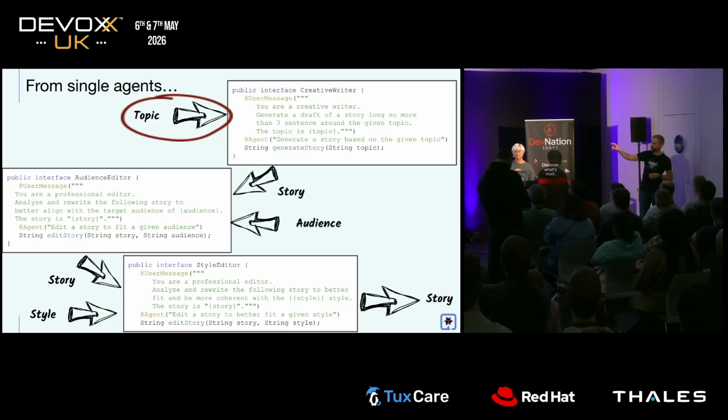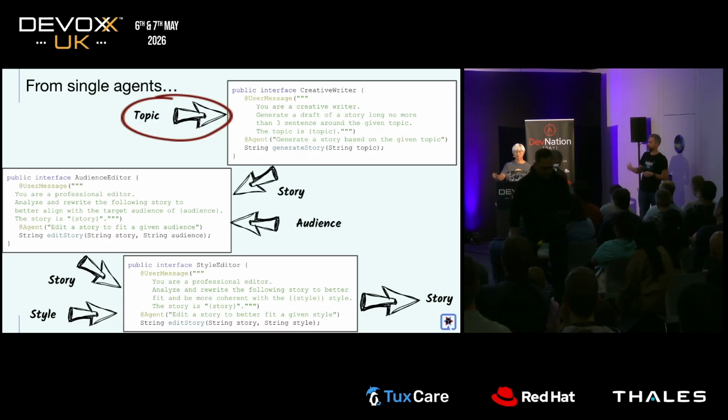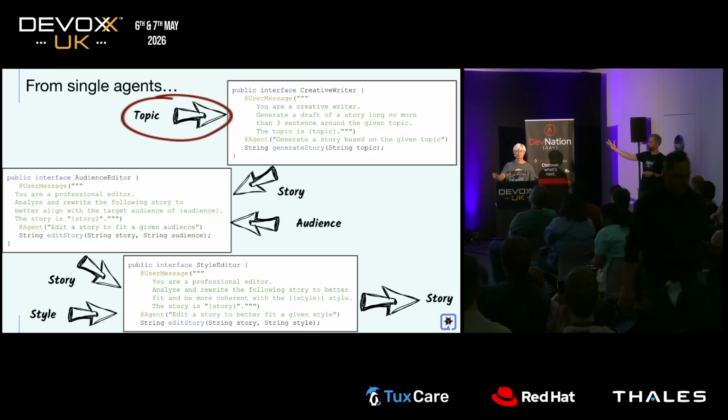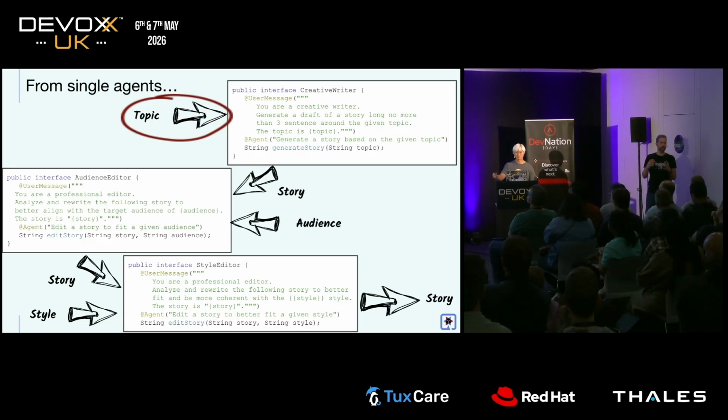So we broke it down into three different agents that each have their specialty. One is very good at creating stories. One is really good at modifying a story for a specific audience, and one is really good at giving it a particular style, right? So that's why we have three agents here, each with their own user message and system message, the prompt.